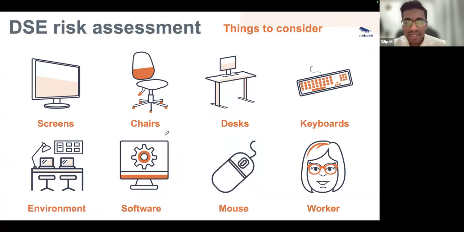So DSE risk assessment, things to consider. So these are the equipment for a DSE user: they would use a screen, chair, desk, keyboards, and the environment, the lighting, temperature, ventilation, and most importantly, again, people often overlook this part, the software. Okay, so think about you're working with software which is not compatible with your work, or the software is not user friendly, or the performance of your device is very slow.